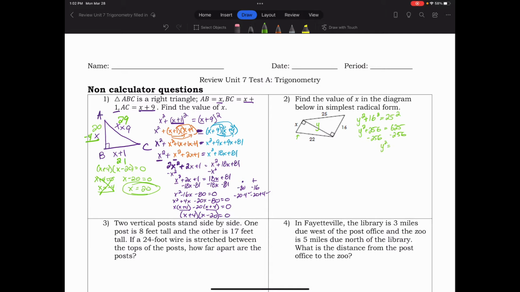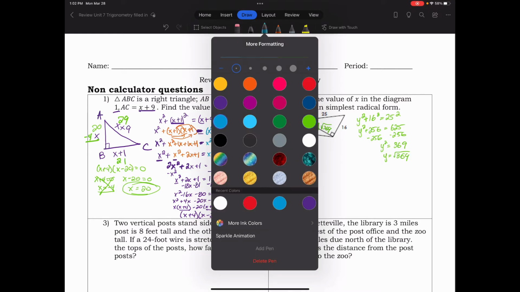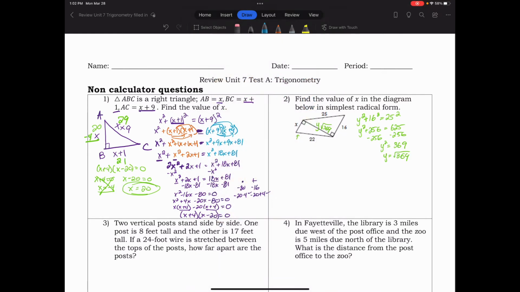Y squared is equal to 369, so y is equal to radical 369. And that is fine. I'm actually going to leave that as a radical 369, because I'm going to use that to solve.